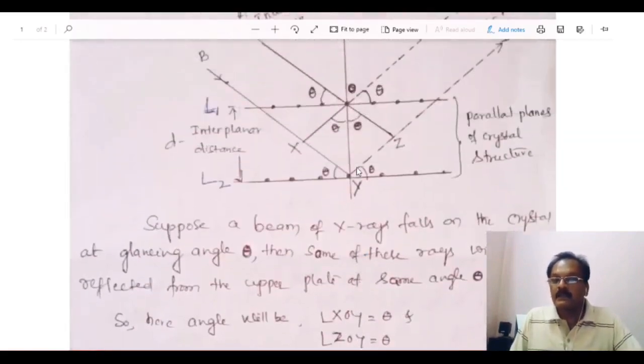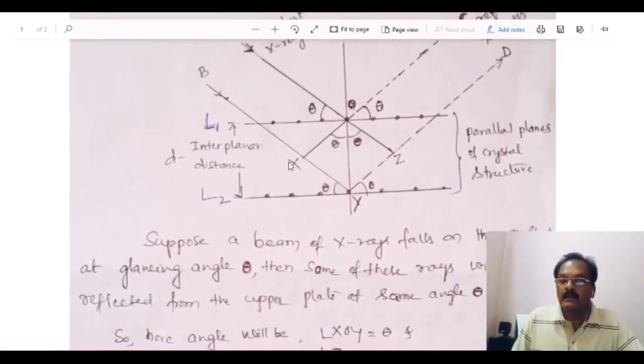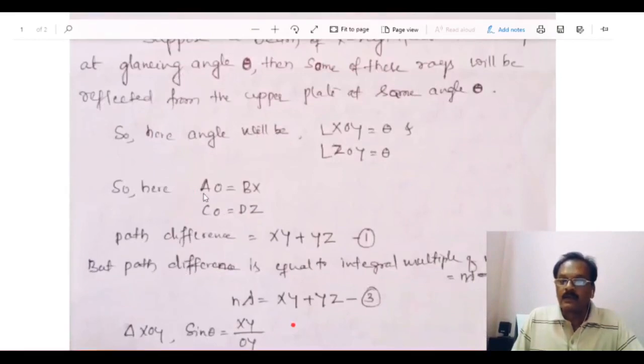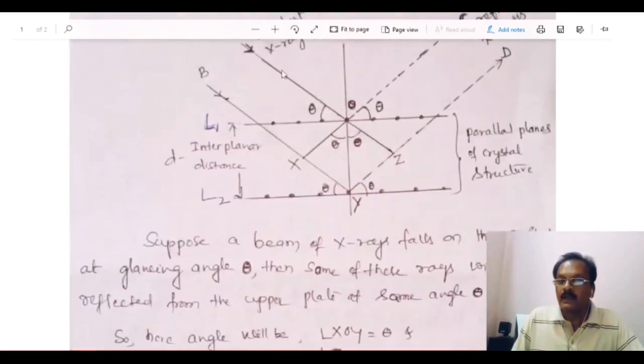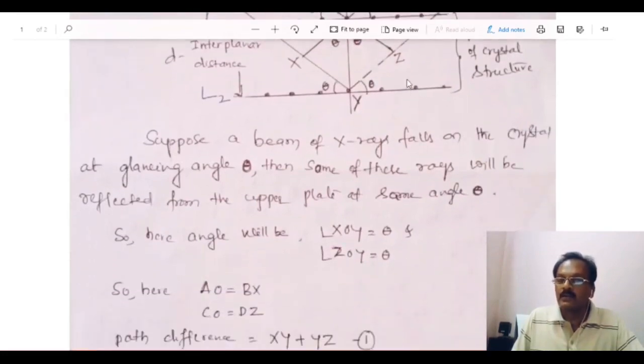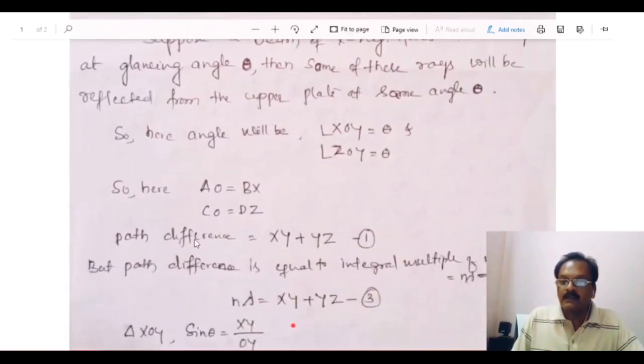Now let us consider the angles XOY and ZOY, both equal to theta. So here we have AO equal to BX, then OC equal to DZ. Now the path difference is equal to XY plus YZ.